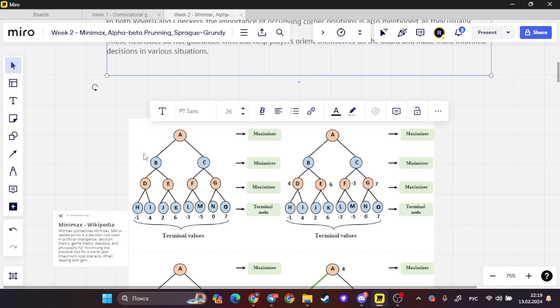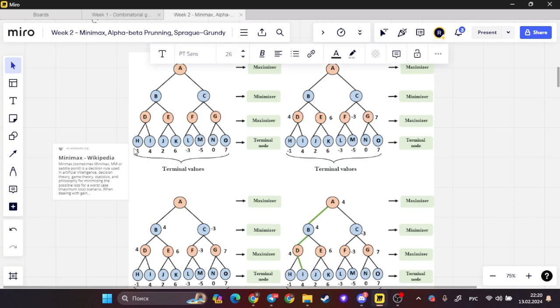For example, if there are 8 states, okay, it's fine. For example, we have 2 to the power of 16 states, 32 states, and we can't calculate the next layer, so we stop at the 32 layer and calculate heuristics for every state.